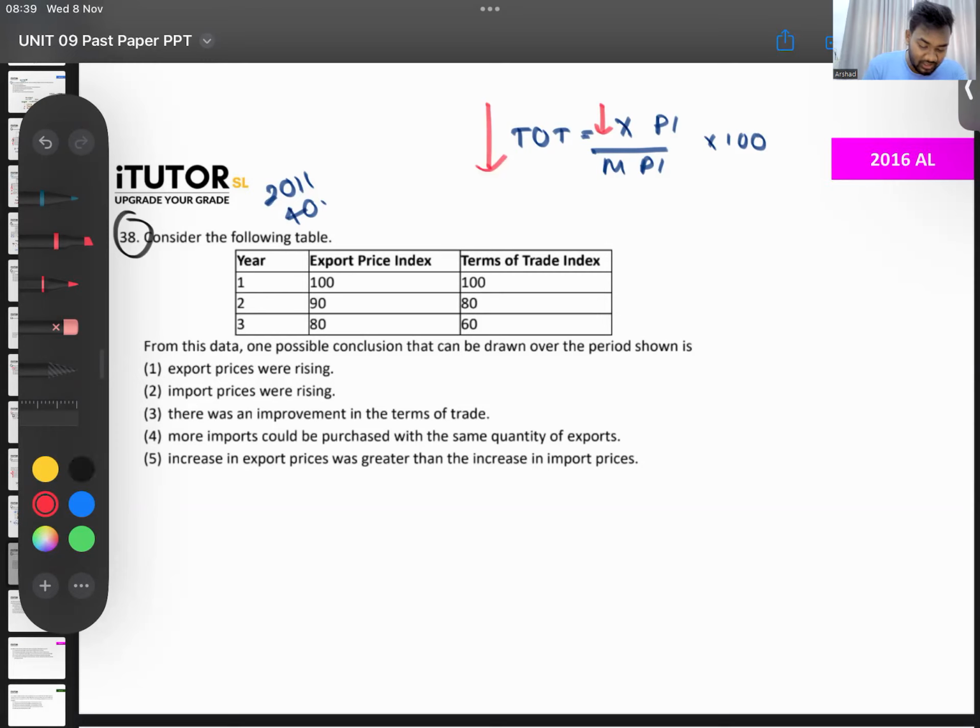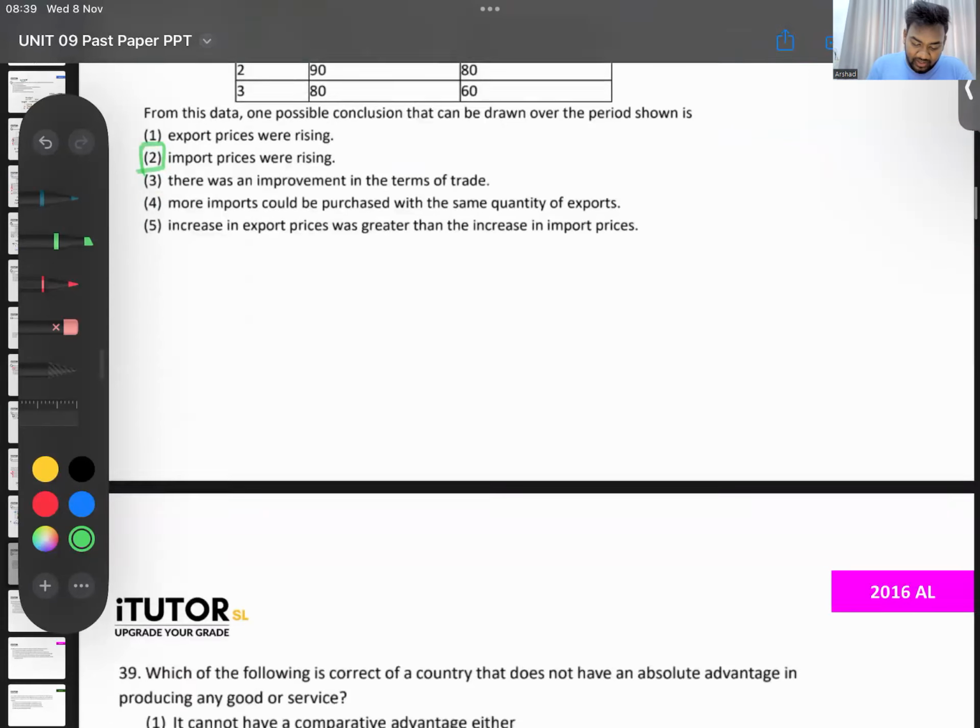So maths knowledge has to kick in now. You have to know how TOT can fall even more. That is because your import prices are rising. Detailed explanation, go and check this question. Answer is number 2. Check. Remember that? What we did half an hour ago. Then Lamai go into 39.